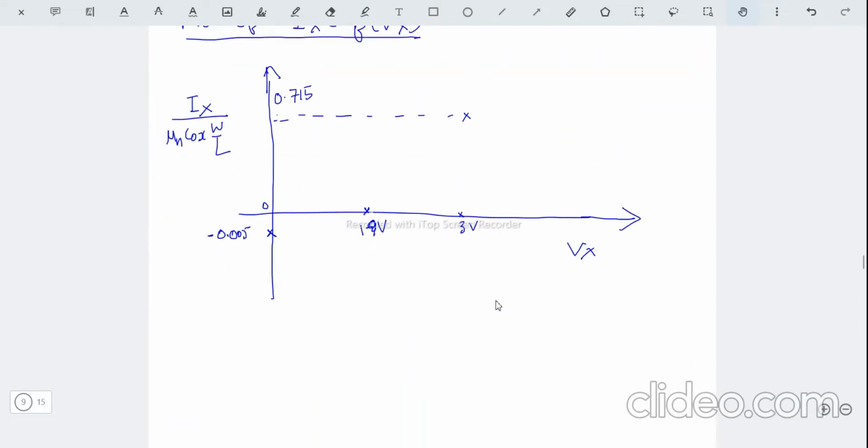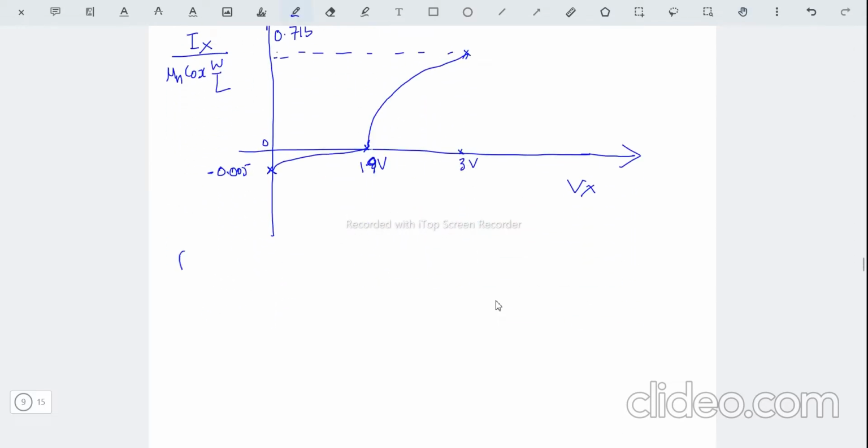So the waveform will look something like this. There is a square relation between Ix and Vx. When Vx is increased, Ix is also getting increased. Ix and Vx are not linearly related, they are related quadratically. So the waveform will look something like this roughly.